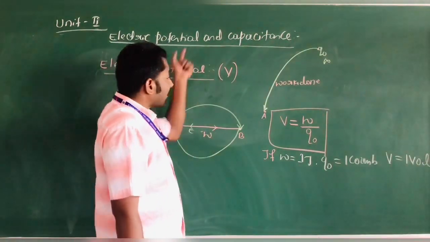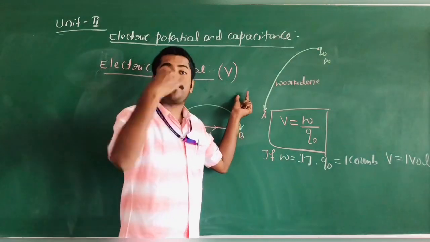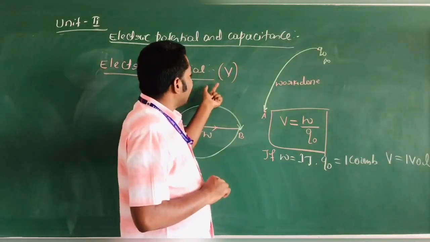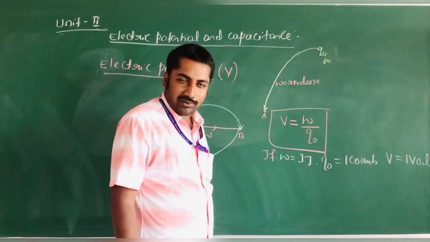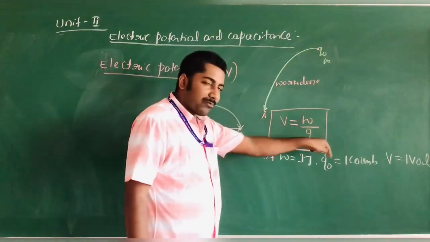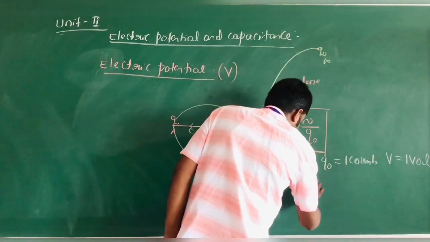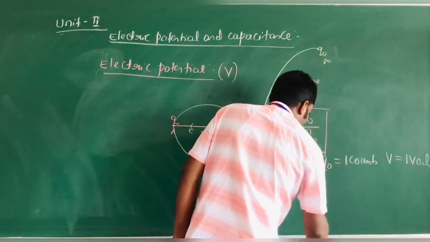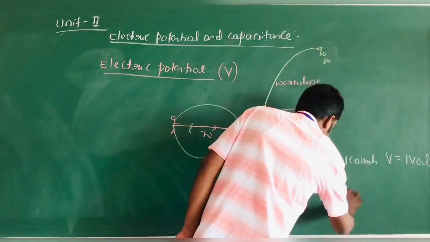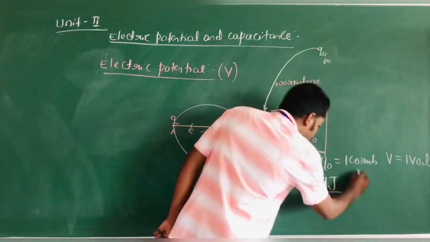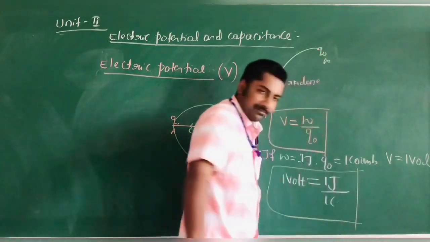Here the electric potential in the electric field is 1 volt. So 1 volt is equal to 1 joule divided by 1 coulomb.